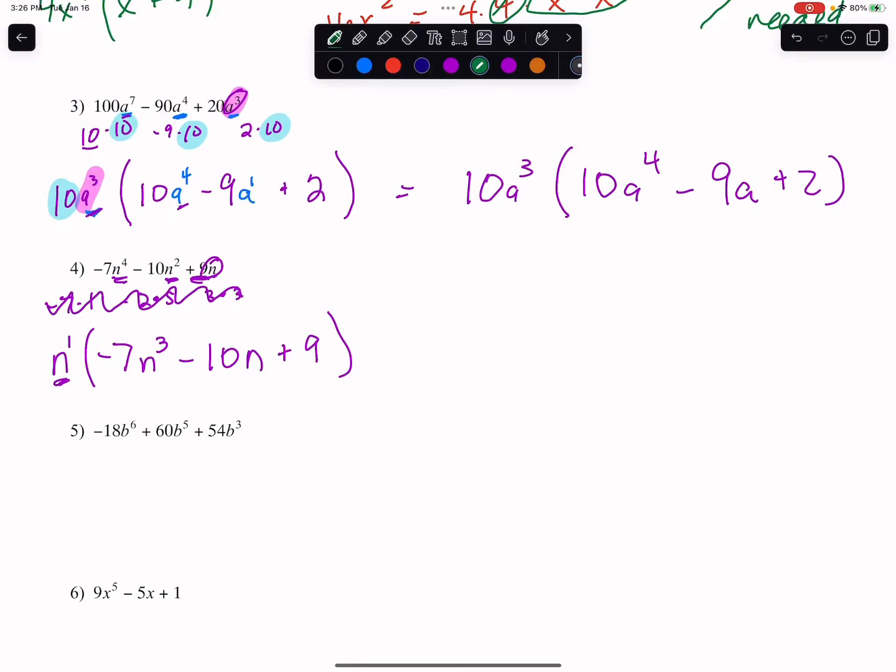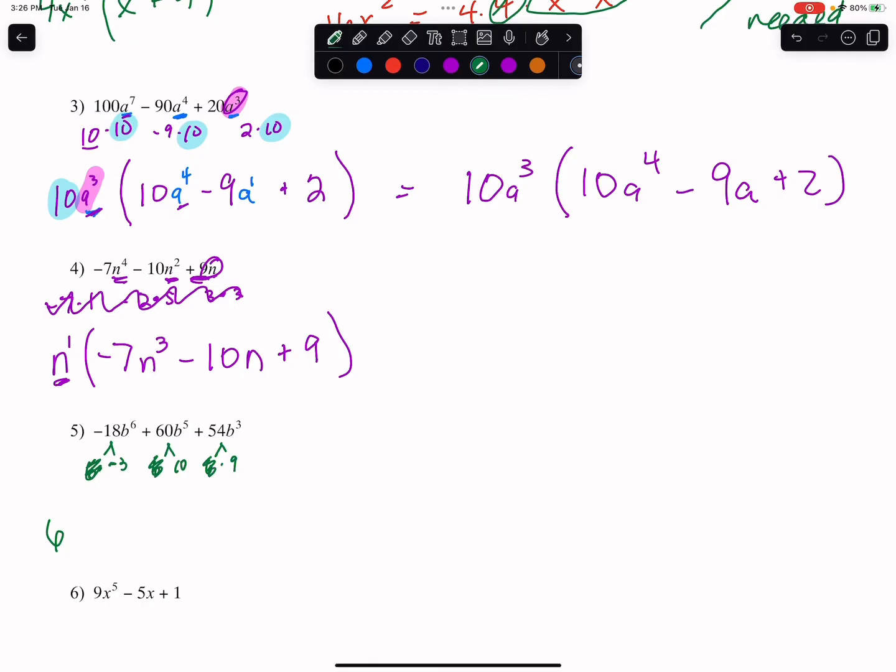I know that all of these, so this one is 6 times -3. This one is 6 times 10. And this one is 6 times 9. So I'm going to pull the 6 out. So that's gone. We already did that.